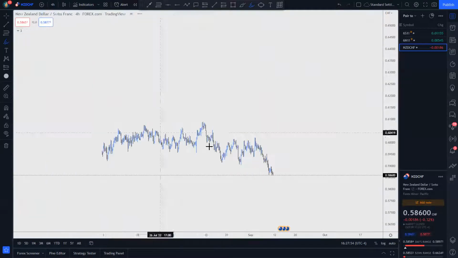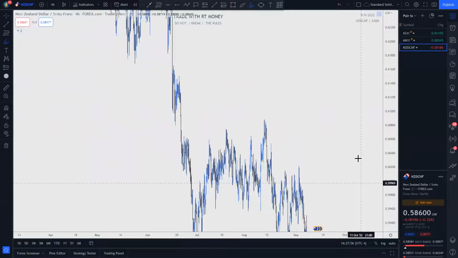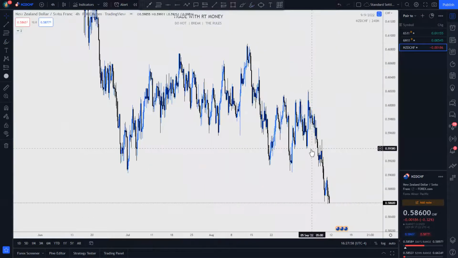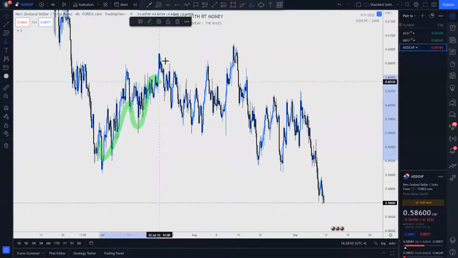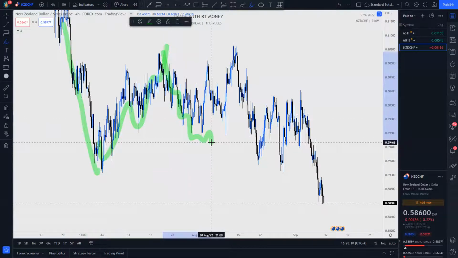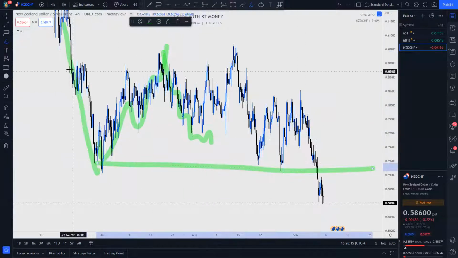On the 4-hour, where we're going to make our money, we can see the corrective movement here as price comes in hot, bearishly. Price starts to range, and this is the range of price.